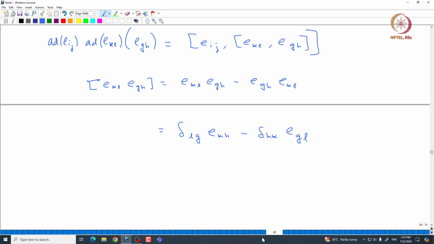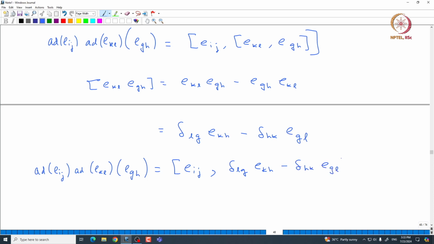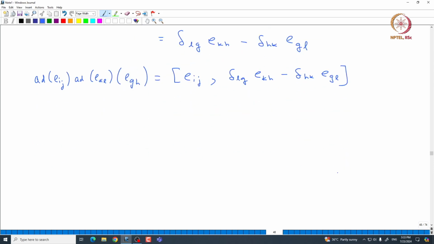Now if you substitute it back, then you get ad E_ij, ad E_kl on E_gh, which is going to give us exactly the following terms: the bracket of E_ij comma delta_lg E_kh minus delta_hk E_gl, which is going to give you lots of terms.